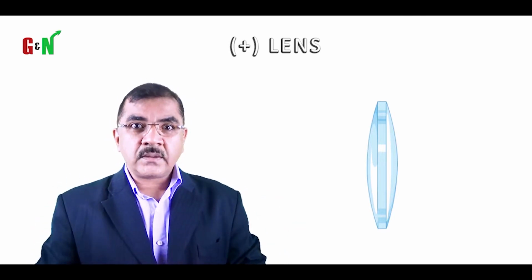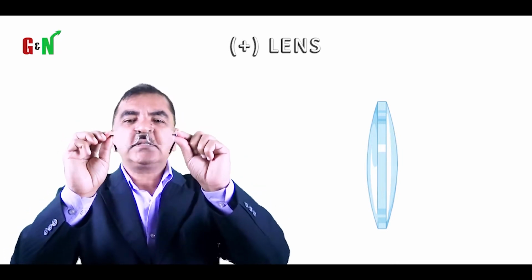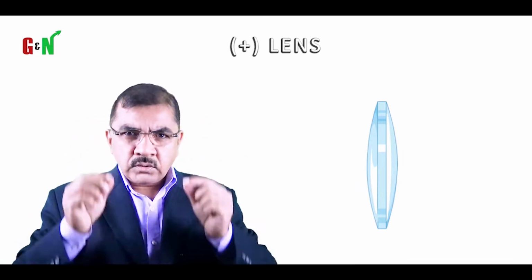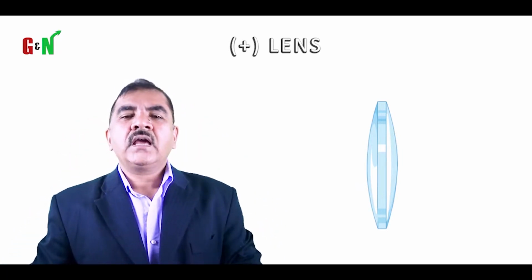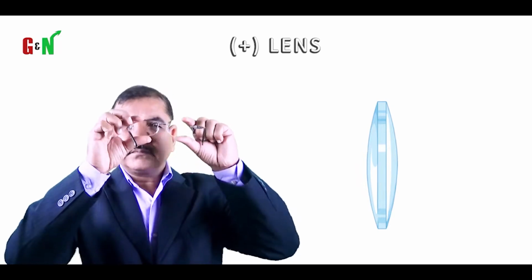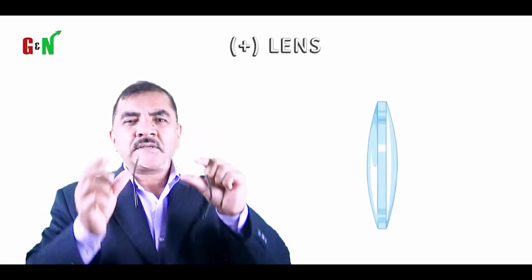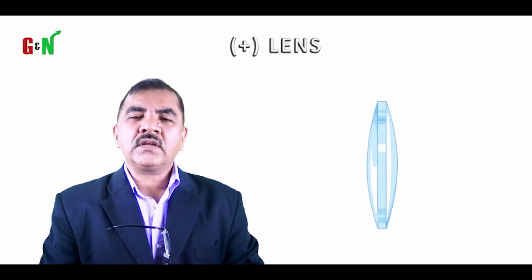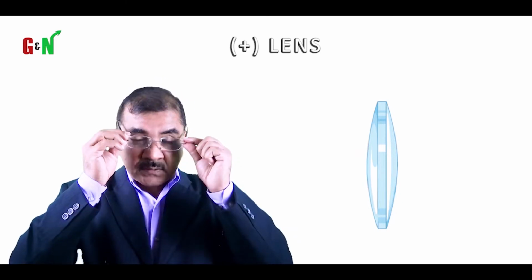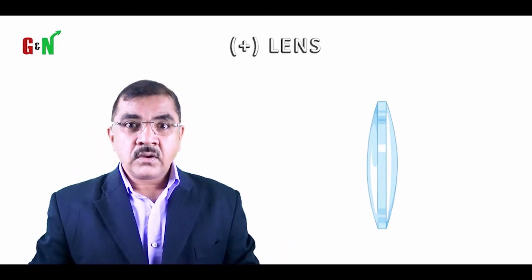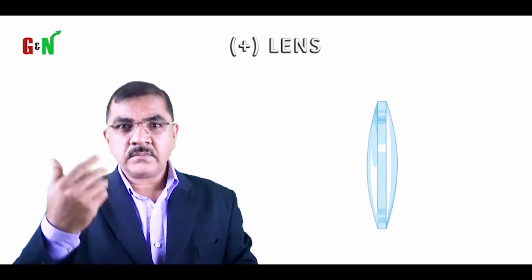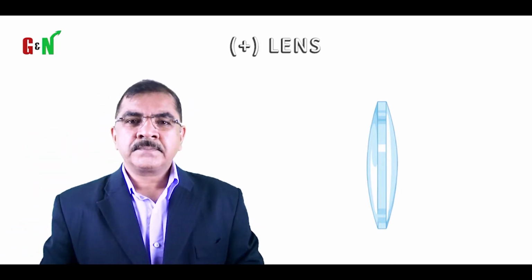If a customer is coming with some spectacles and you remove the spectacles and look at them and move them, immediately you can identify whether it is plus or minus or astigmatism or even progressive.